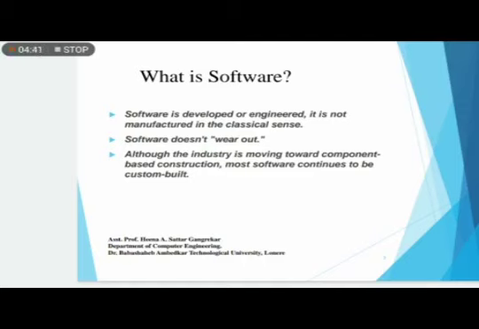In both activities, high quality is achieved through good design. Whatever we are developing, our main focus is to achieve high quality with good design. But the manufacturing phase for hardware can introduce quality problems that are non-existent or easily corrected for software.